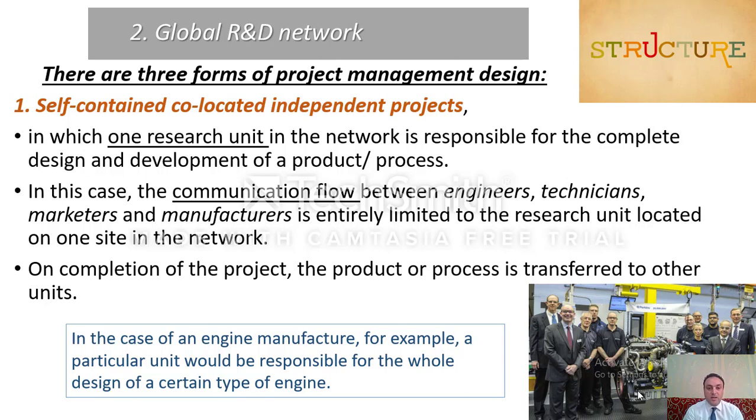So in this case, communication flow between the engineers, technicians, marketeers, and manufacturers is entirely limited to the research unit located on one site in the network. On completion, the product or process is transferred to another unit.